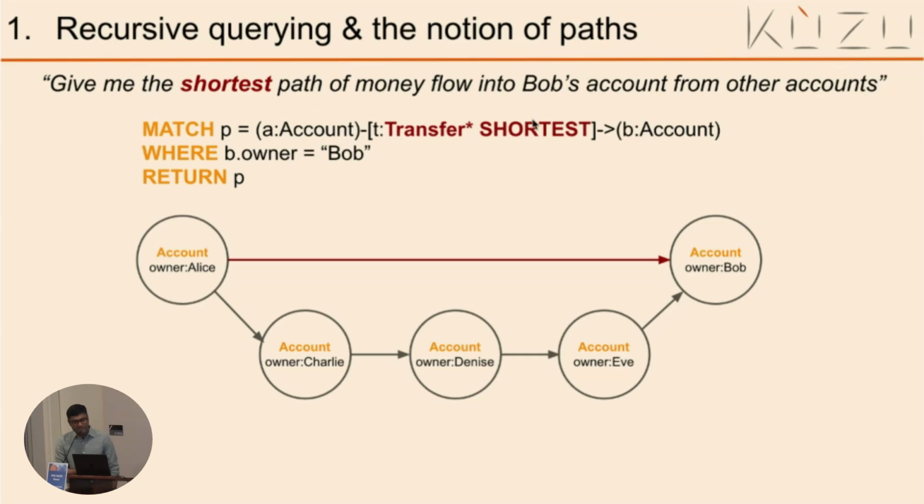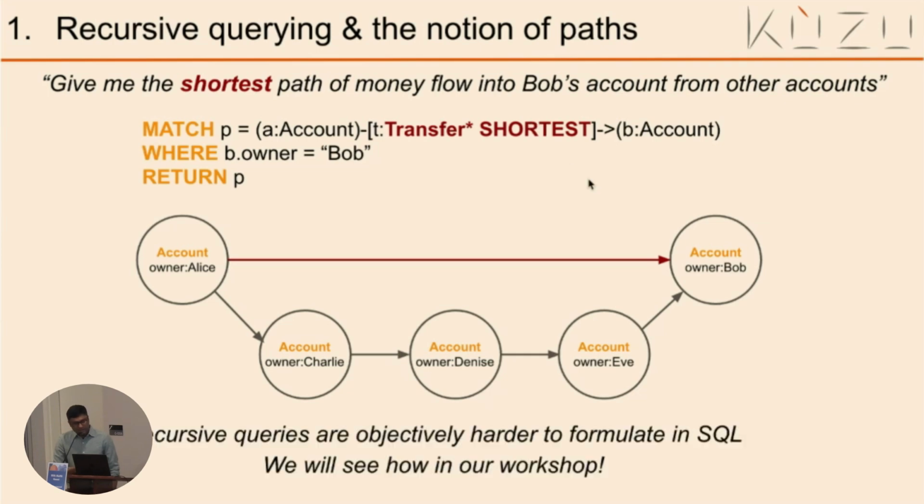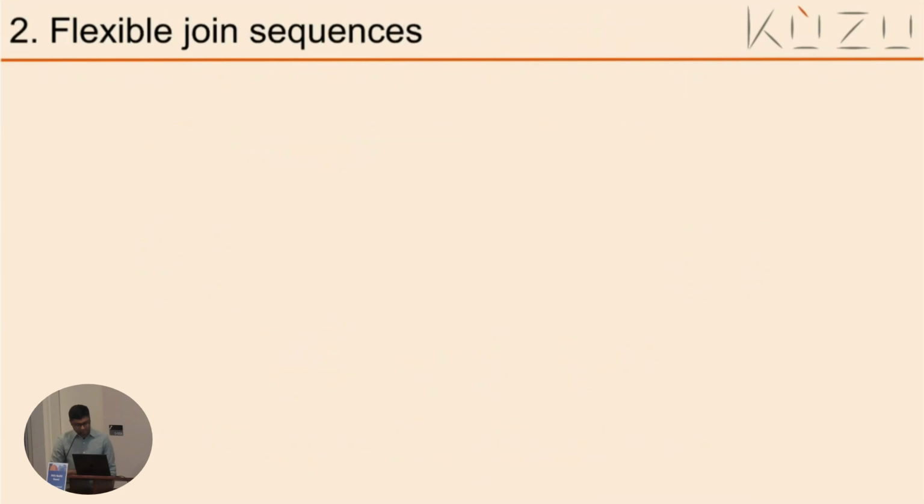And that is essentially saying it's an unbounded recursive query. Now, I haven't shown it here, I will show it in the workshop, but recursive queries are objectively harder to formulate in SQL. And we will go over an example to illustrate that.